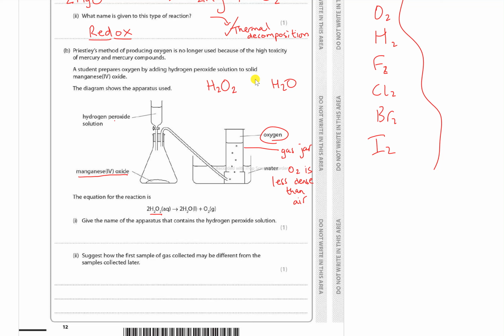Give the name of the apparatus that contains the hydrogen peroxide. So this thing here. I call it a tap funnel.